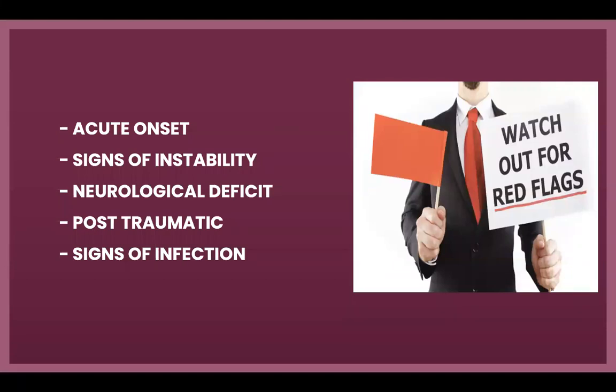Also, the signs of instability. What kind of instability can be associated with diplopia? If you have some neurological instability like confusion, loss of consciousness, or coma, this is from the neurological side. From the cardiovascular side, the patient with tachycardia, bradycardia, hypertension or hypotension.